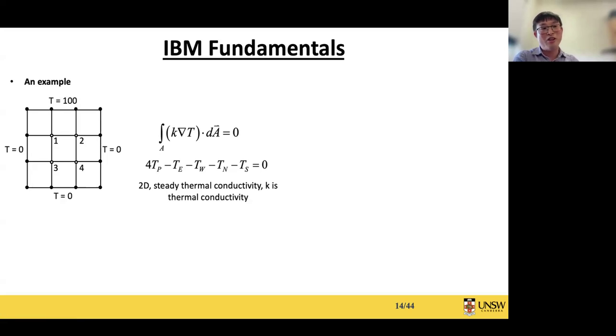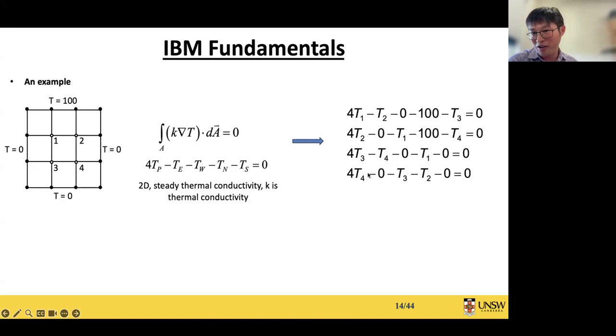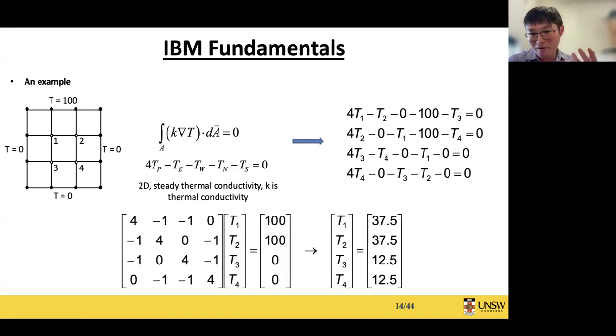Generally, if there's nothing inside, we can use FVM or whatever method to solve that. For example, if we use FVM to discretize this domain around 4 control volumes, around node 1, 2, 3, 4, we get 4 equations here. And then we can solve this equation by using whatever method, and we get a solution. That's a general method here.